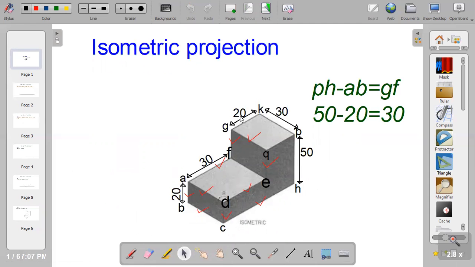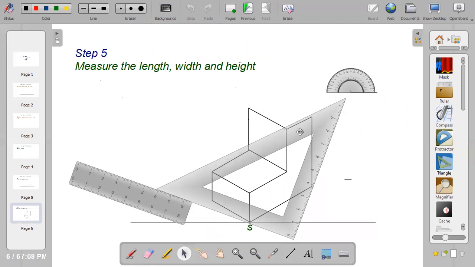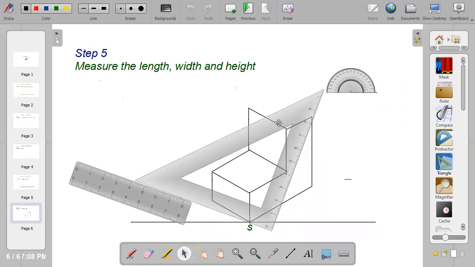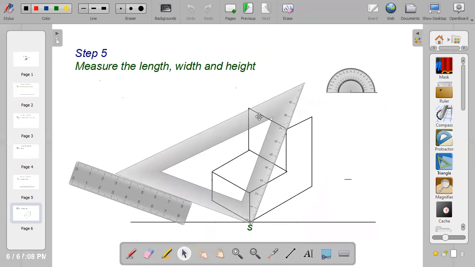I want to copy line QP and paste it here, because they have the same length. So I'll just drag my set square from this point. I'll keep moving until I get to the point where I need to paste the line. But you need to hold your ruler firmly to the drawing paper. Then you now draw the line.